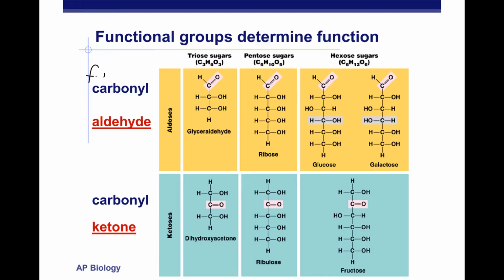So the carbonyl is your functional group. Okay, and the location of your carbonyl is going to tell you whether you have an aldehyde or if you have a ketone. So aldehyde groups are always found at the end, whereas carbonyl groups, or ketones, are found in the middle.